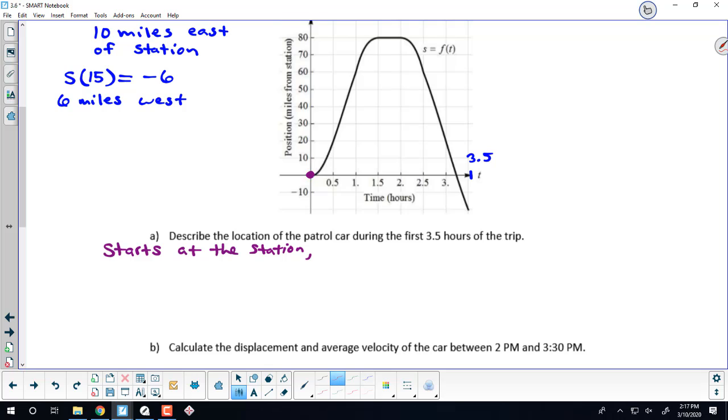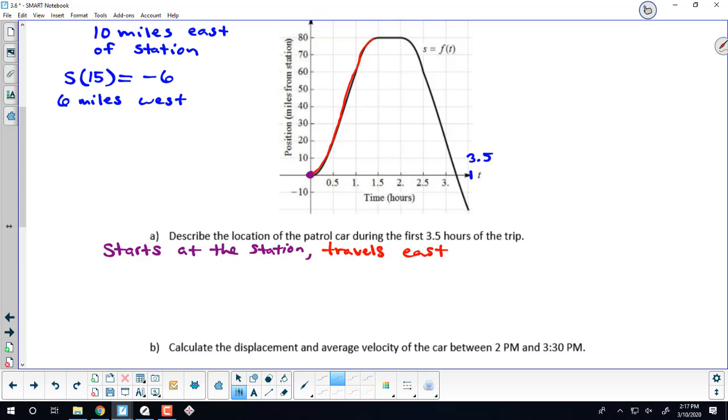Then what's happening here? Travels east. Again, how do we know they're traveling east? It's positive, right?